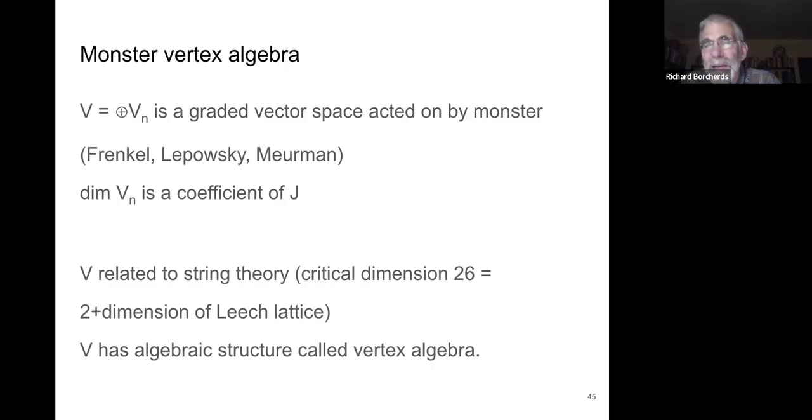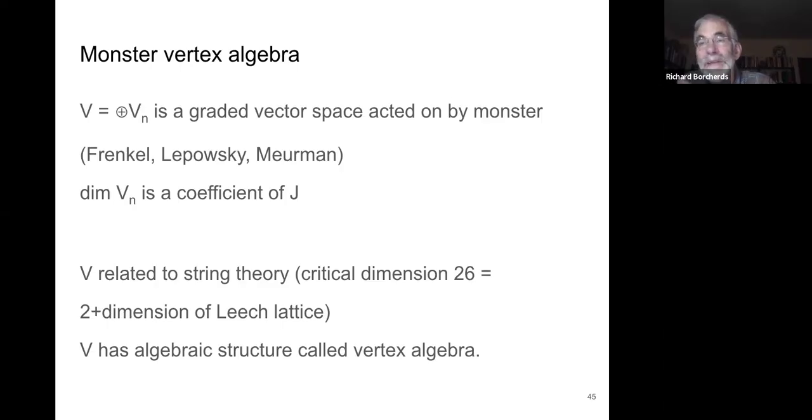It's a bit difficult to get it lined up with the real physical world. For instance, the early versions of string theory only worked if space-time was 26-dimensional, which was a serious problem for physics because space-time is not 26-dimensional. But it turns out to be really great for mathematicians because I mentioned earlier that we construct the Leech lattice by starting in 26 dimensions and then working down 2 dimensions.